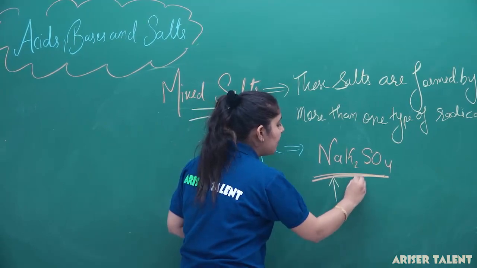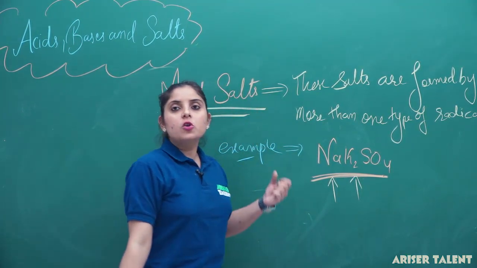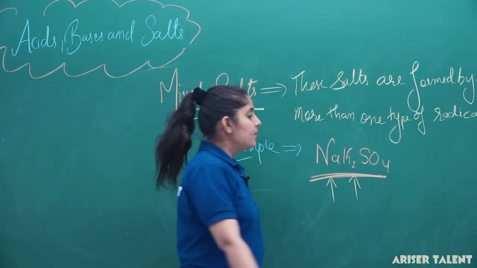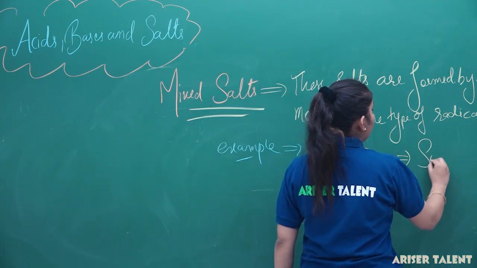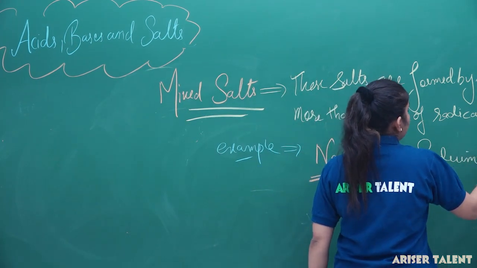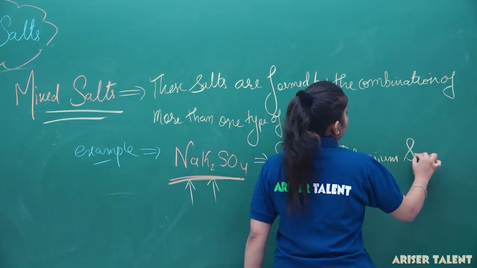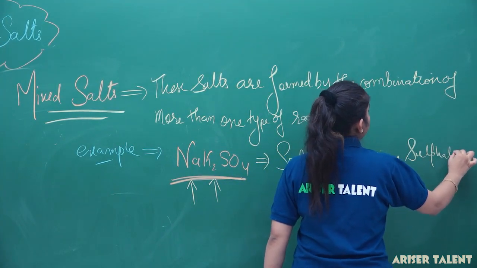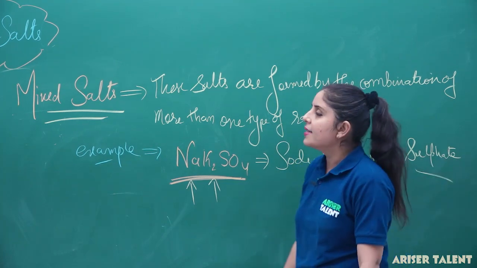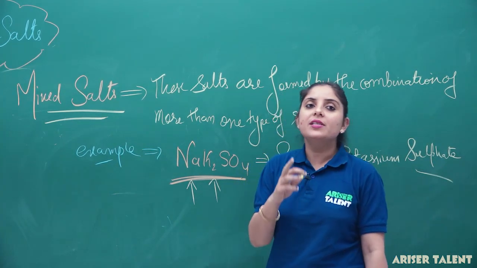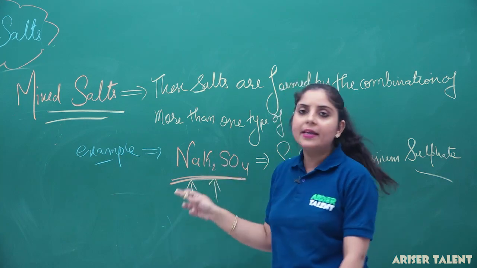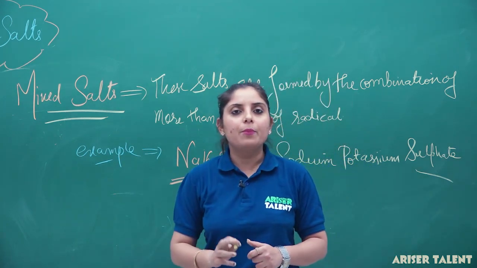One is sodium, another is potassium. So sodium potassium sulfate is the name of the salt. This sodium potassium sulfate, students, is an example of a mixed salt. You can see that there are two radical groups present in this particular salt.